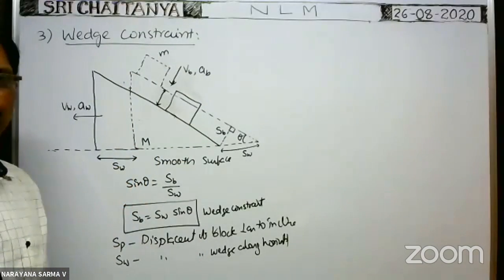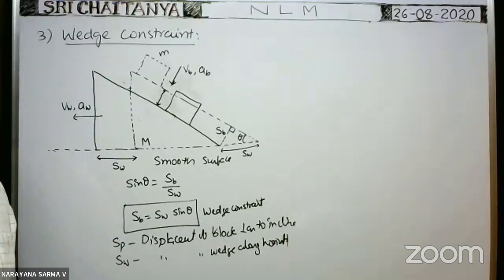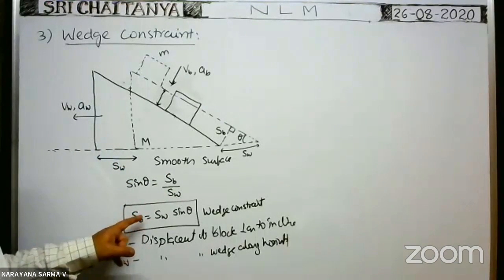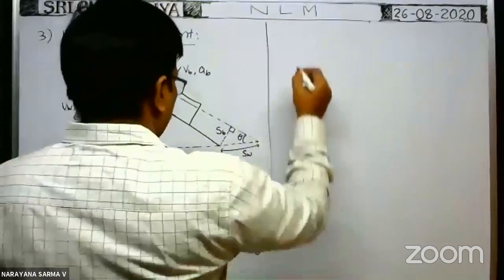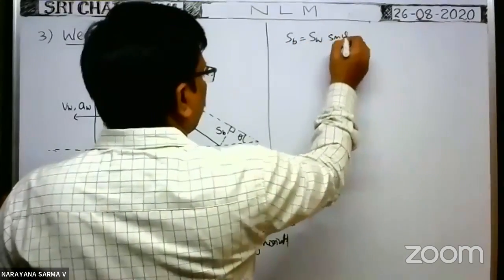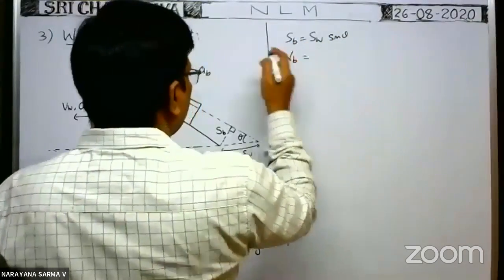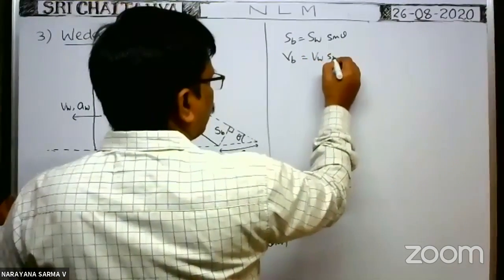Now you tell me the remaining two constraint relations of the wedge constraint. If SB is equal to SW into sin theta, definitely the velocity of the block perpendicular to the incline is equal to the velocity of the wedge into sin theta.